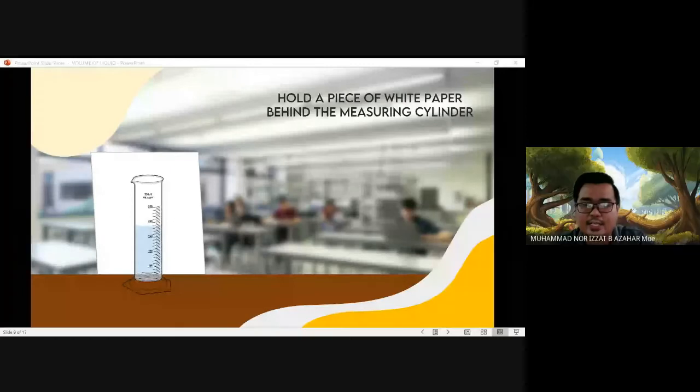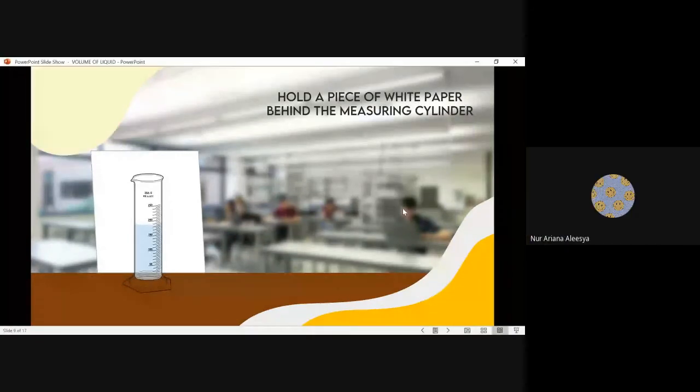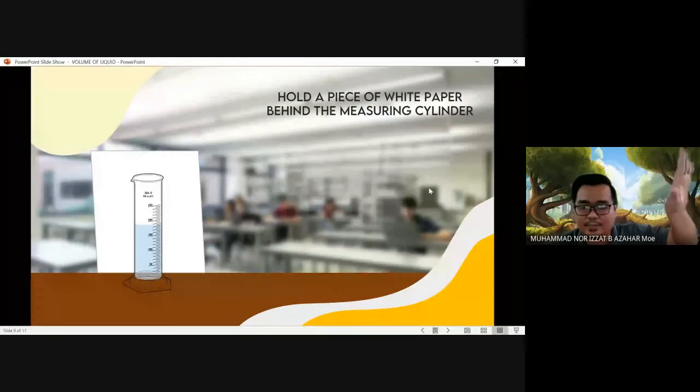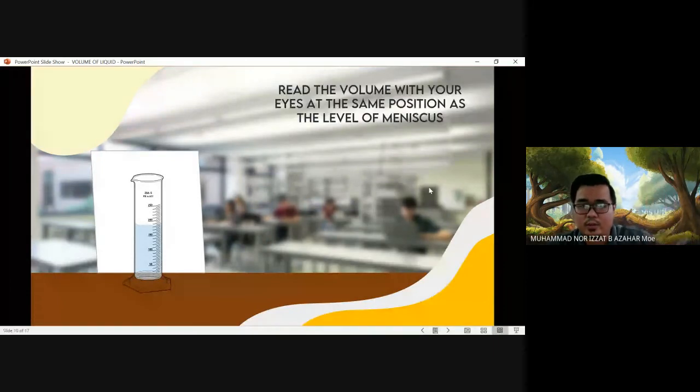Okay, next. After the last step, sorry, this we will discuss later. The last step is to read the volume with your eyes at the same position as the level of the meniscus. What is meniscus?